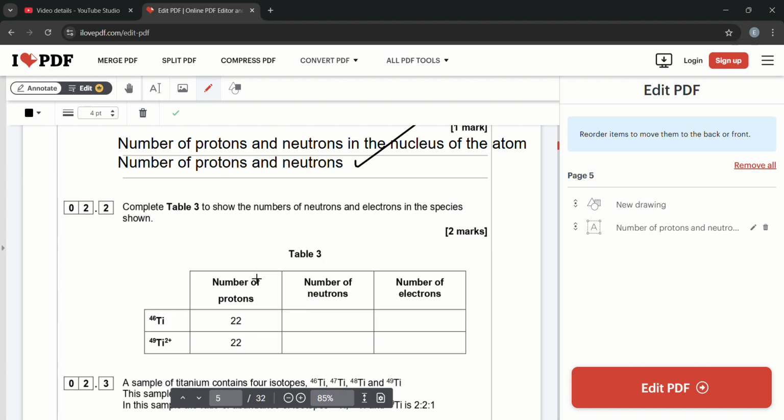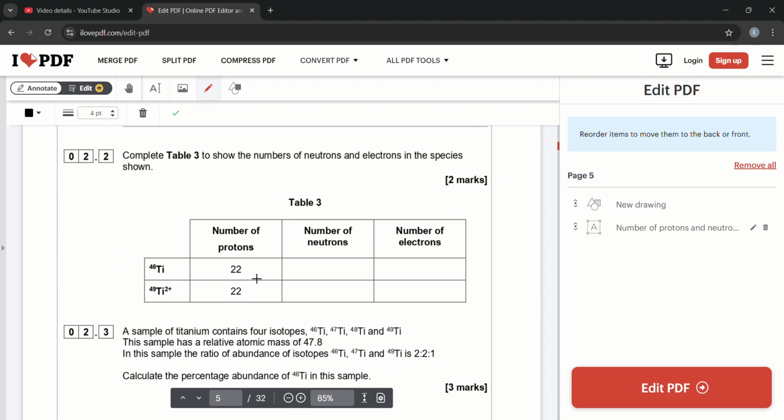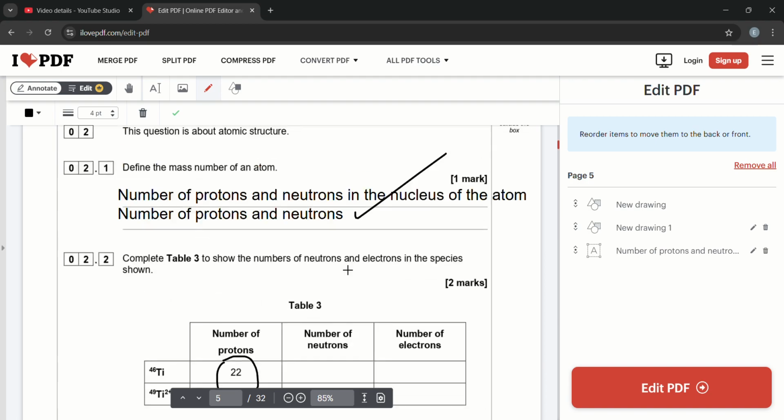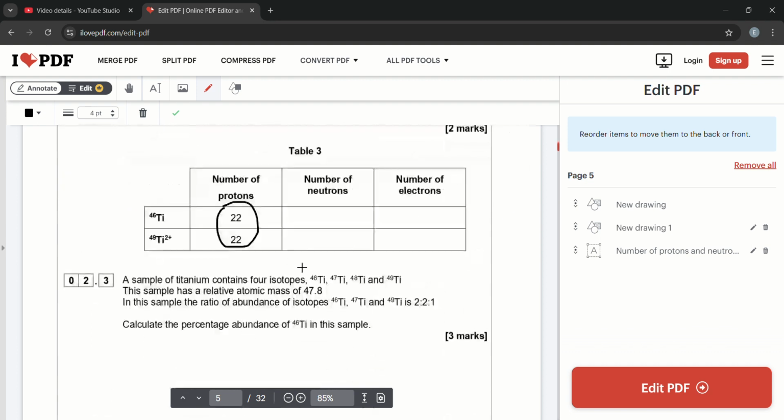2.2 complete table 3 to show the numbers of neutrons and electrons in the species shown. So there's the number of protons. What's the number of electrons and what's the number of neutrons? We know they are going to be isotopes of each other, and isotopes have same number of protons, different number of neutrons.